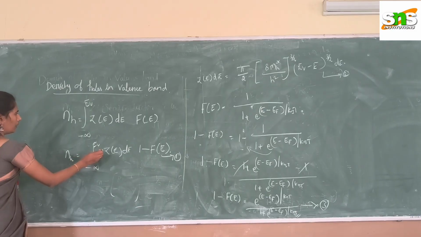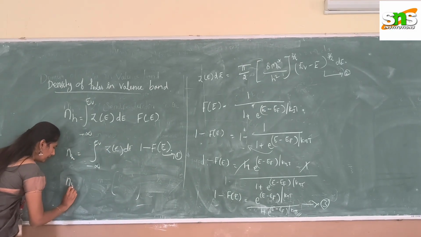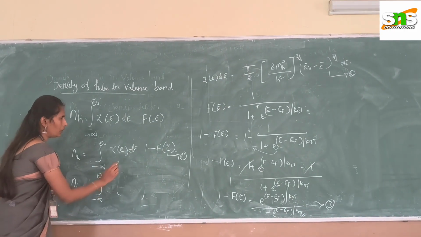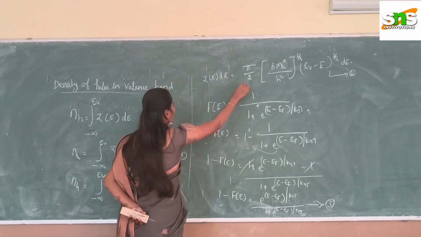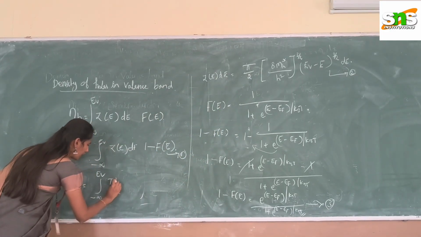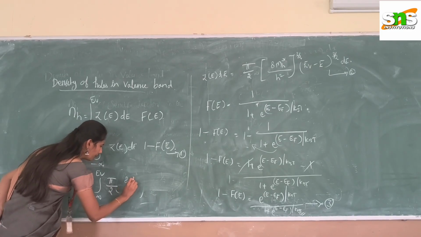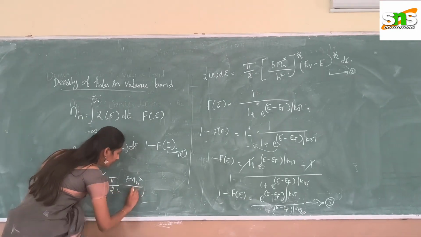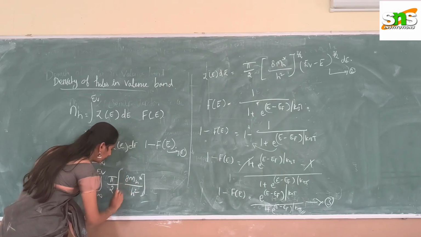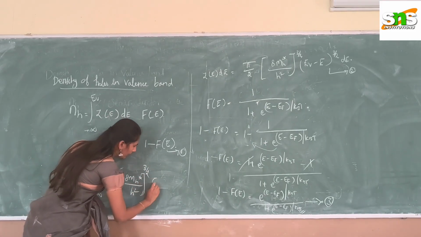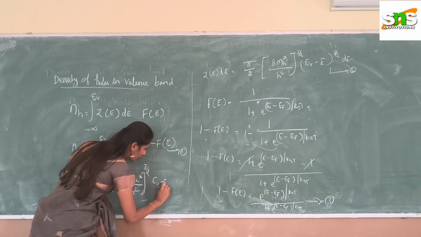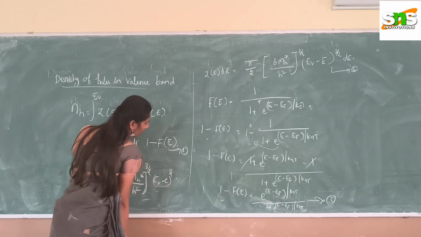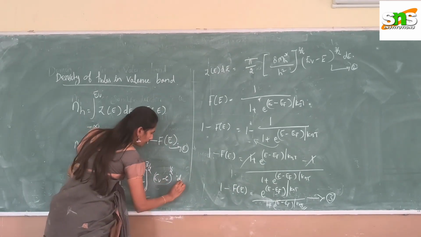What is the value of n, which is equal to the integration from minus infinity to E_V? The first term is (1/2π²) into (8m), what is m? m_h star, the density of holes, divided by h squared, the whole power of 3/2, into (E_V minus E) power of 1/2, into 1 minus f(E) dE.